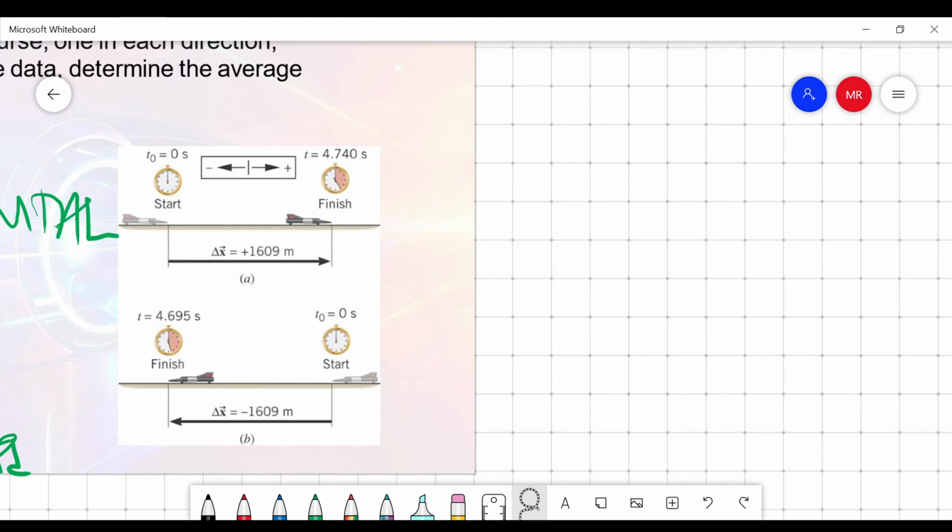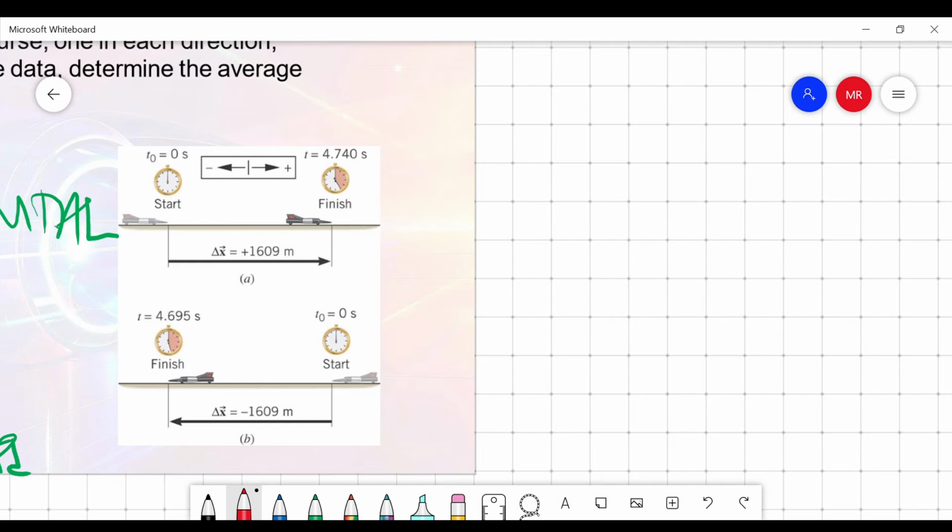Habang yung nung pabalik naman niya, dito naman siya nagsimula sa kanan, going to the left. Of course, the displacement is negative 1,609 because, again, we are now considering the direction. And the time is 4.695 seconds.